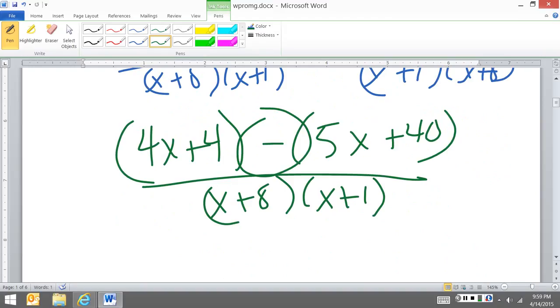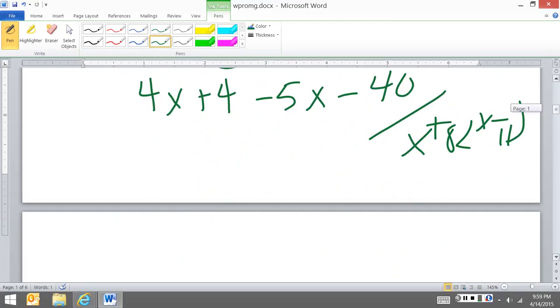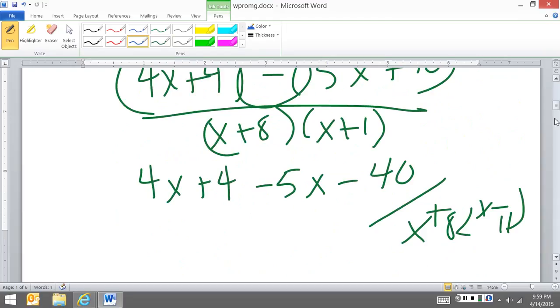And come down here, I get 4x minus 5x, so negative x. Here, I get plus 4 minus 40, so that means negative 36.